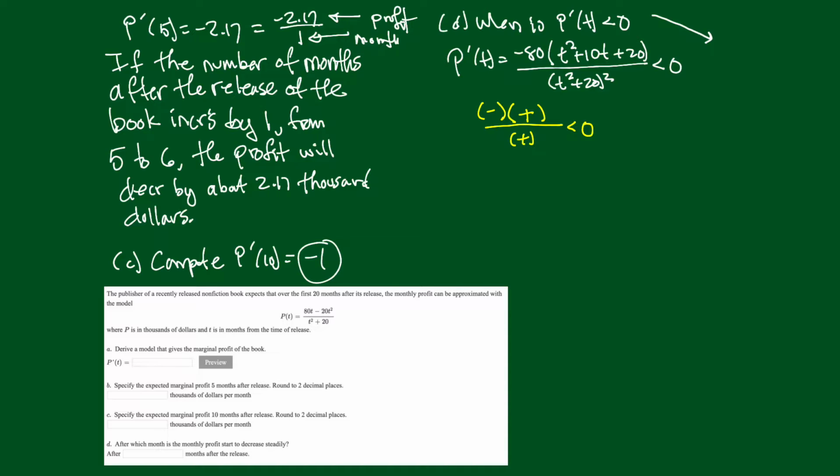Negative times positive would be negative over positive. What I've got here now is a negative over a positive being negative. So that means that this part right here has to be negative. So t squared plus 10t plus 20 has to be negative.